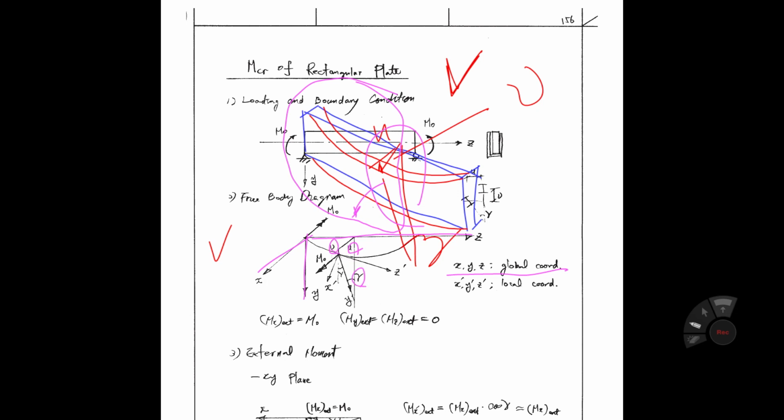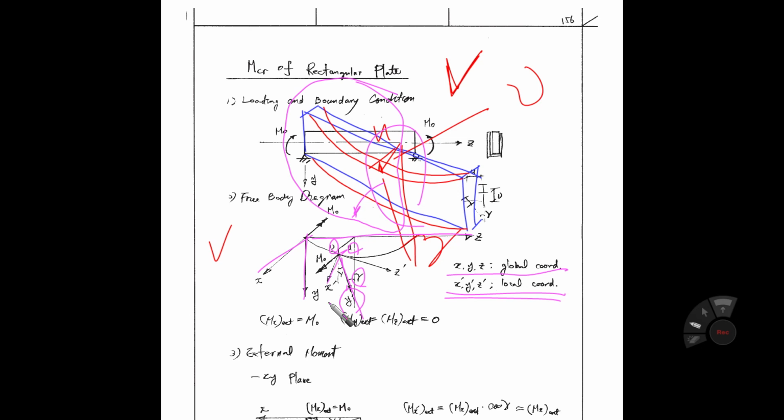Although you have the global perpendicular coordinate X, Y, Z, if you consider this point, you have the local coordinate: X prime, Y prime, Z prime. Because it is rotated, this is Y prime. So the vertical global coordinate twists a little bit. How much? Gamma. And then according to this Y prime, you have X prime.